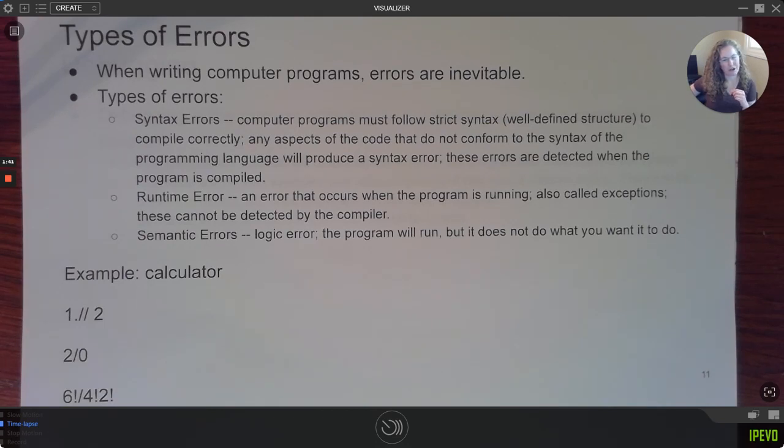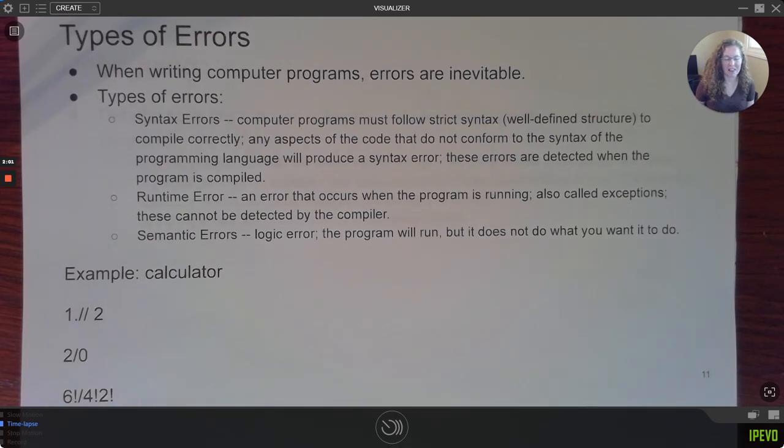So remember, we talked about the Python interpreter. Actually, when you look at the implementation of the Python interpreter, it goes through a compile stage. And when it goes through that compile stage, it will tell you if you have made any syntax errors.